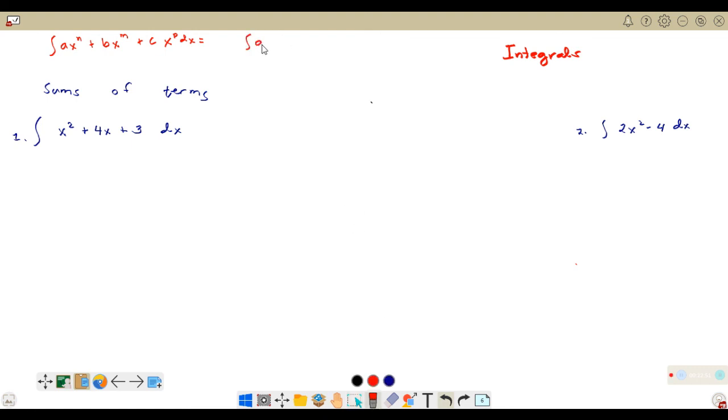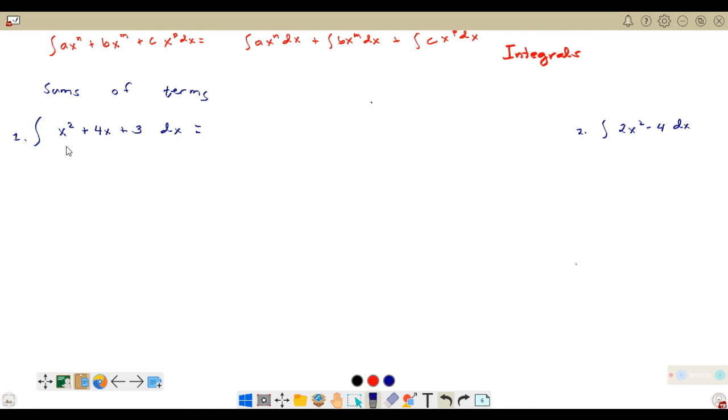Integral of isa-isa. Ax raised to the power of n dx plus the integral of b x raised to the power of m dx plus integral of c x raised to the power of p dx. Pero kung unnecessary naman, kasi kaya nyo na siyang i-approximate dito pa lang, no need to get their integral individually, na ipapakita nyo pa tong process na to na nakahiwalay sila ng integral symbol. So, pwede namang shortcut na lang.